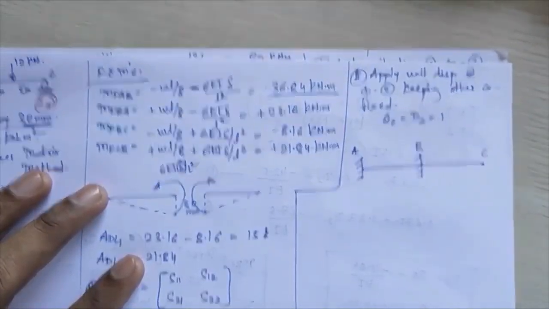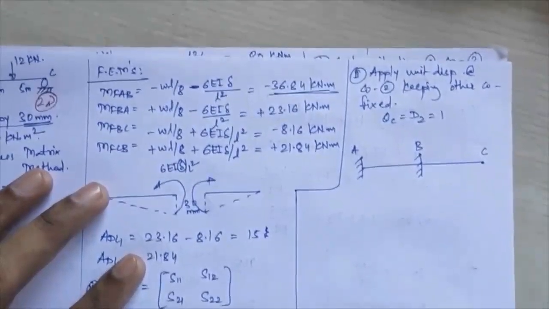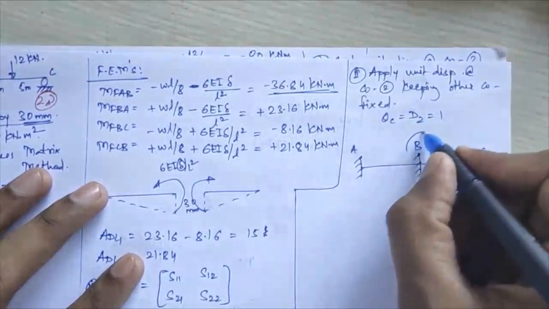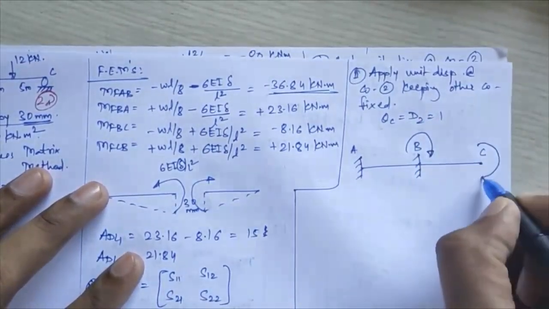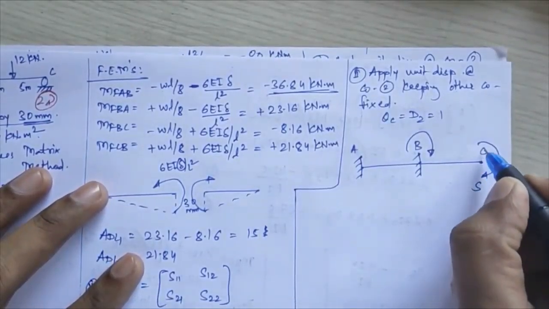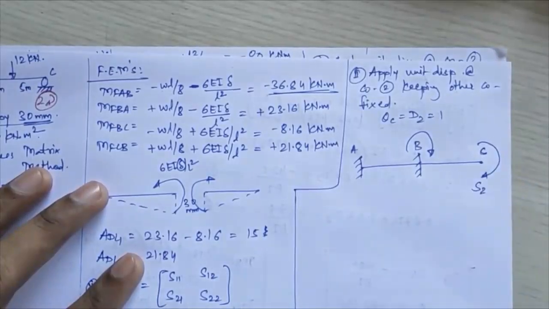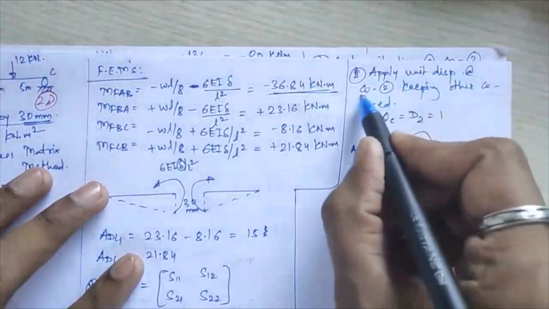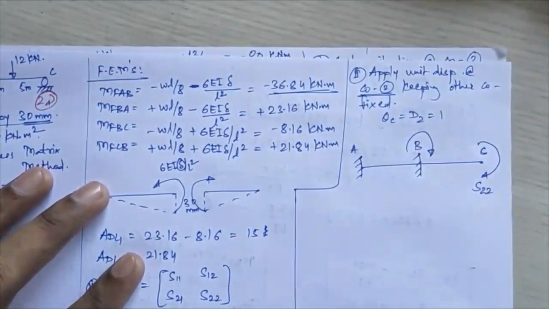So I'll again mark here my stiffness coefficients. The first coefficient at your first coordinate, the second coefficient at your second coordinate. This will be the stiffness you are calculating at point C, that is second coordinate, when unit displacement is applied at coordinate 2, so this will become S22.